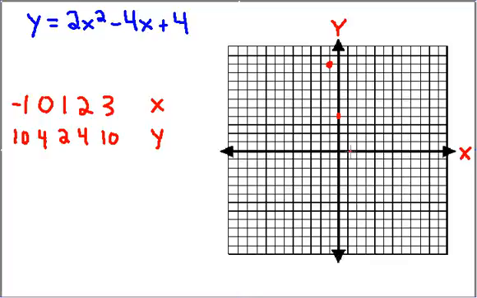Come over 1 to the right for our x of 1 and up 2. That's our y. Our next point is 2, 4. So over 2 and up 4. And then our last one is 3, 10. Start at our origin, come over 3, and then up 10. So here are 5 points that are on this graph.